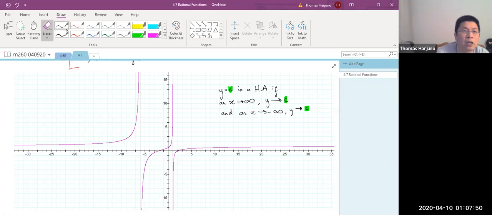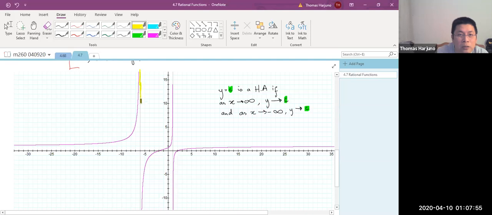Now, how about vertical asymptote? Vertical asymptotes are this line here, and this line also. Those are vertical lines to which the graph gets closer and closer, but not touching. The graph will escape to infinity or negative infinity as x approaches that number.